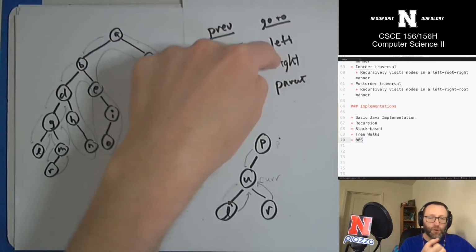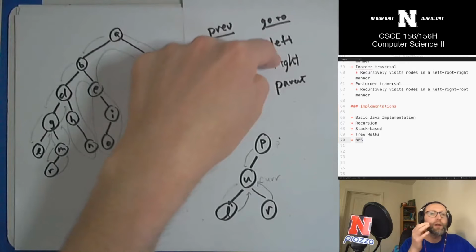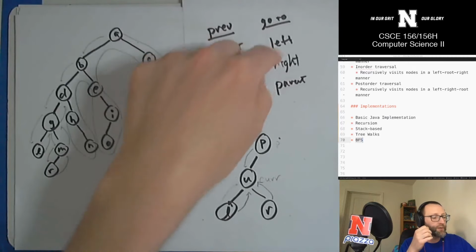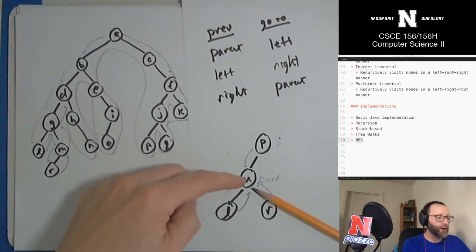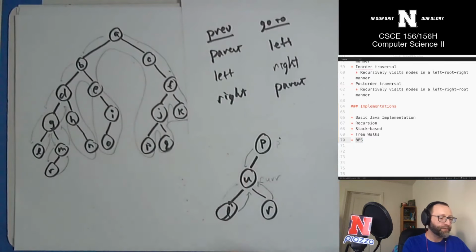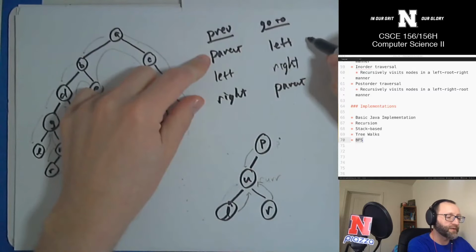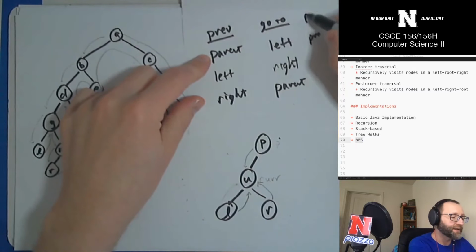Not only that, but a tree walk can be used for all three of the preorder, inorder, or postorder traversals. Here's my current. Did I come from the parent? Well, that corresponds to a preorder: process if it's a preorder.